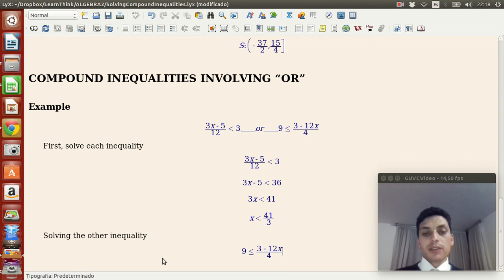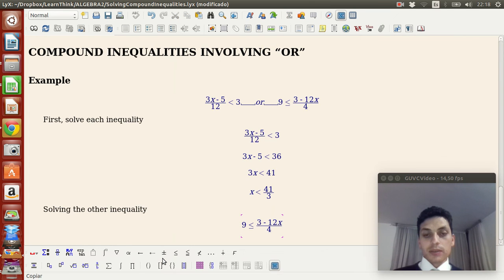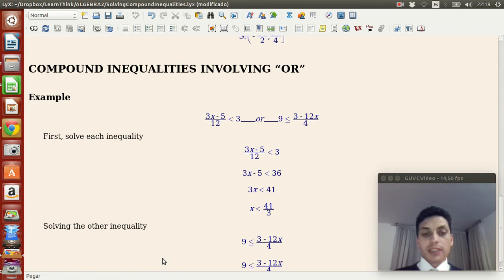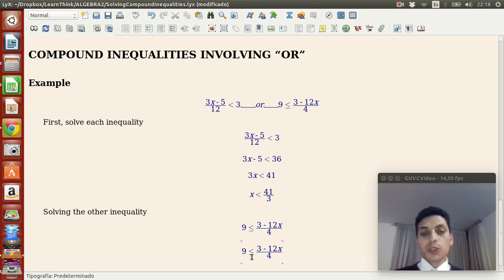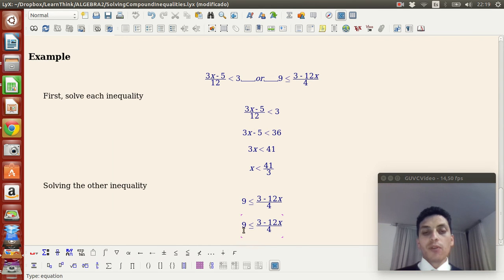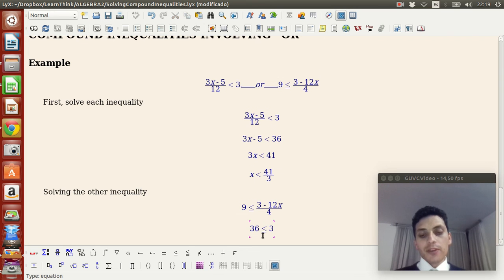Okay, so we have this inequality. The inequality is 9 less than or equal to 3 minus 12x divided by 4. So first step, multiply by 4 each side of the inequality. 9 times 4 is 36. And here with this fraction, we just simplify denominators: 3 minus 12x.